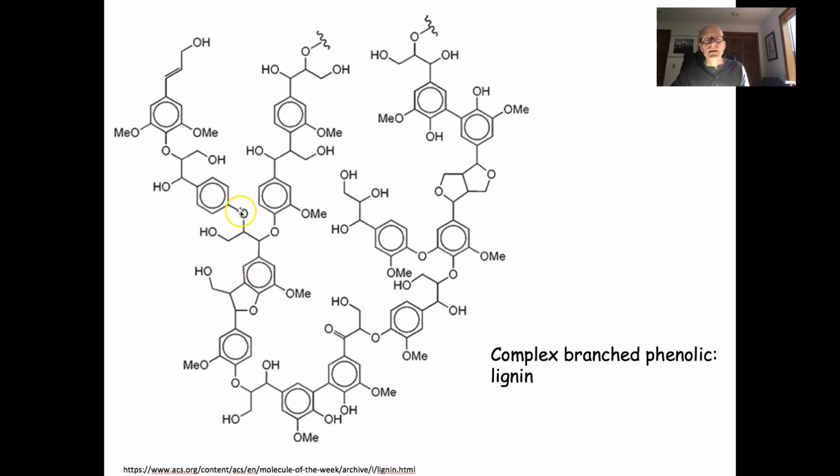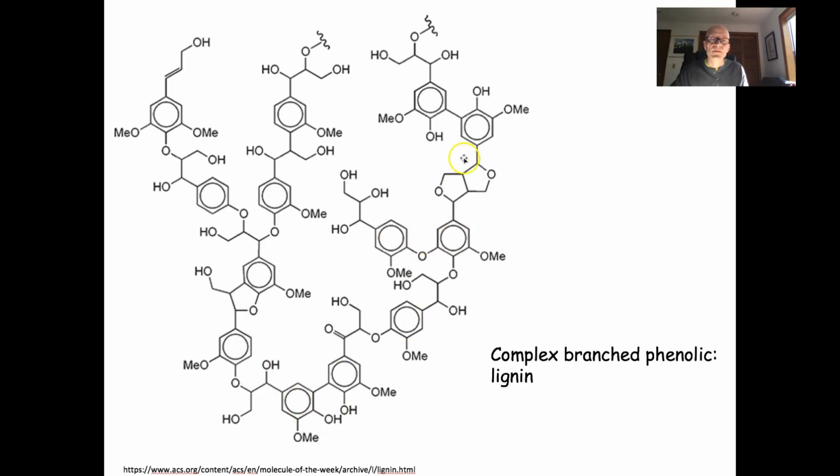So here's an example of a branched phenolic, and you see always these rings, and you see hydroxy or oxygens that at some points were hydroxyl groups, and then were derived or used for making the derivatives of these multiple connections between all of these substances.